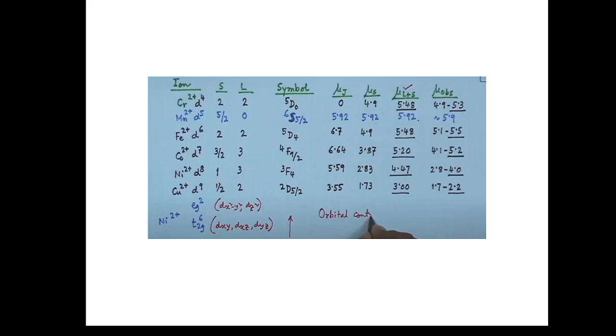But for transition metal complexes, we have the spin plus orbital magnetic moment, not the mu J. Why? Because in transition metal complexes, the ligand also affects the distribution of the electrons. So that's how mu S plus L will be the best to explain the observed magnetic moment.